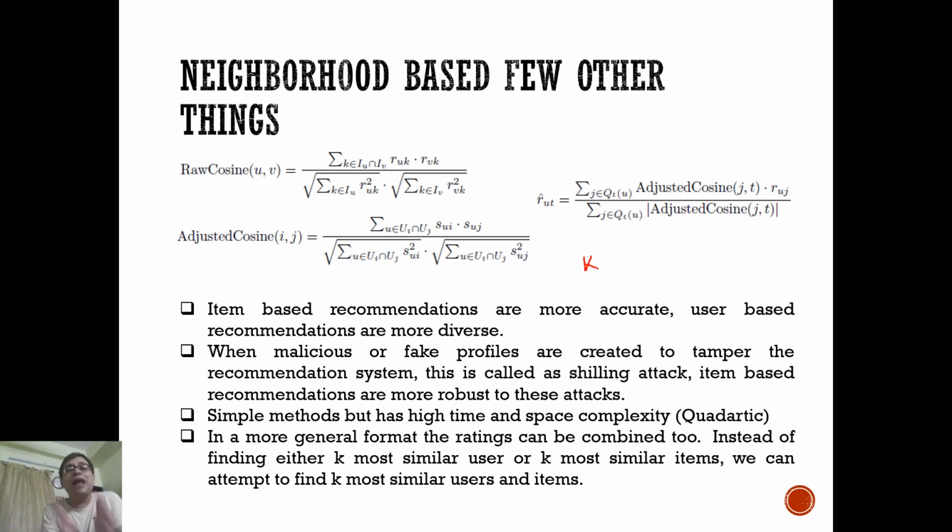In that case, I may have got a rating of 5 from my nearest user and 6 from my second nearest user, and then a rating of 4.5 from the item based similarity. Assuming a simple average, I can just sum them up and give the final rating. So a combination is definitely possible.